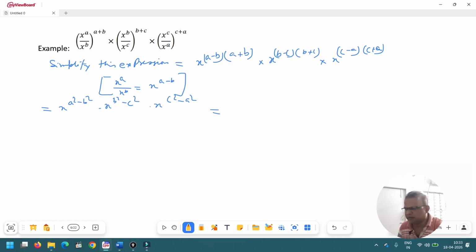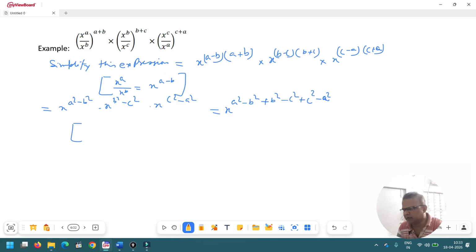That is equal to x to the power a square minus b square plus b square minus c square plus c square minus a square.